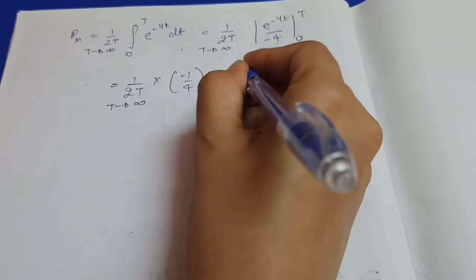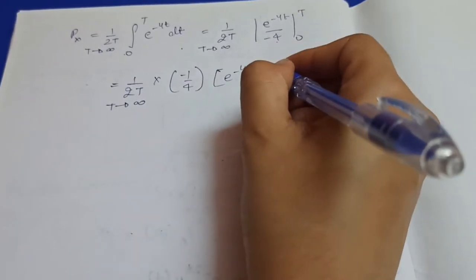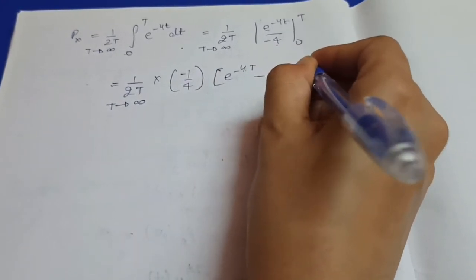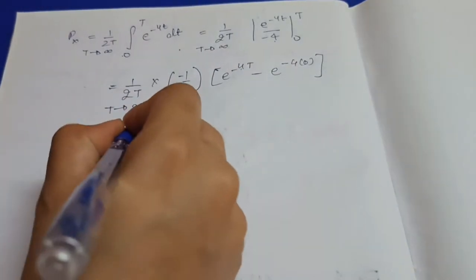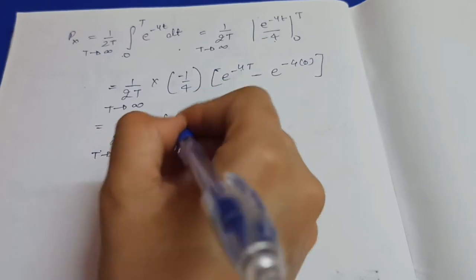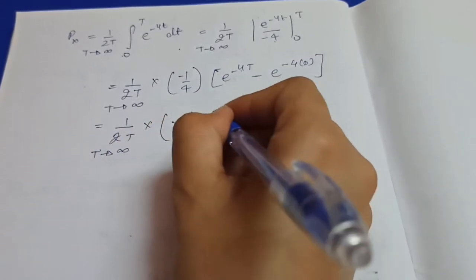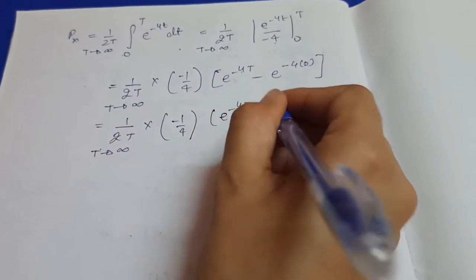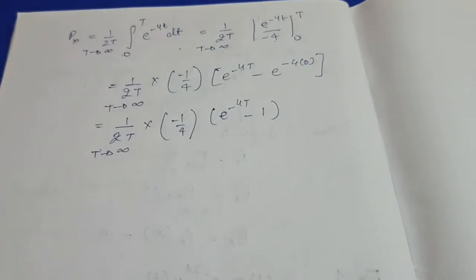And it will become e raised to minus 4T minus e raised to minus 4 into 0, and it will come out to be, okay.